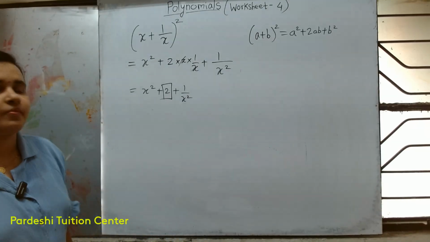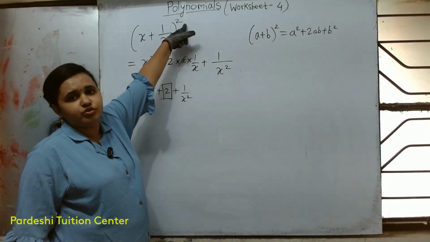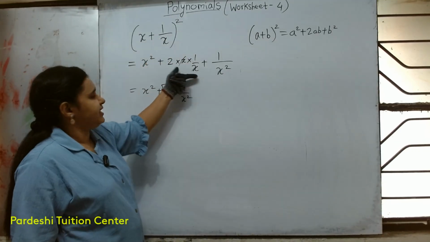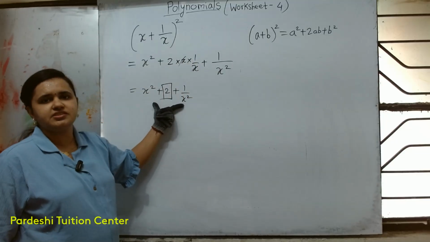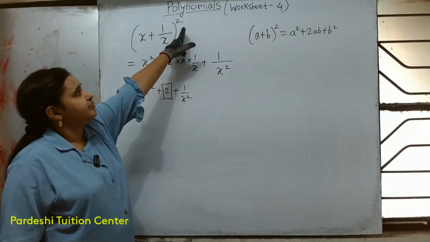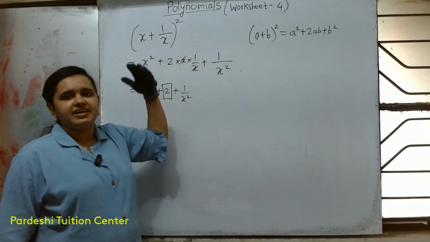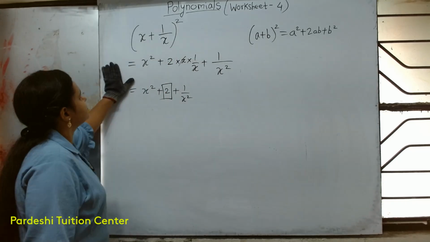Okay. Now here it was only the power 2, so you can just make the expansion and pick out the term which is independent of x. But if the power is higher, 9, 10, 11, 12, what will you do?